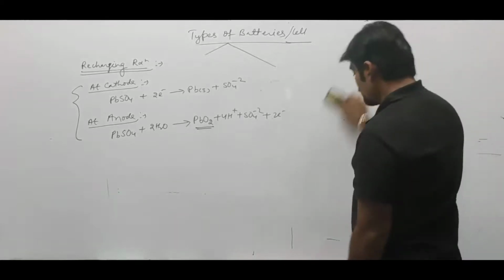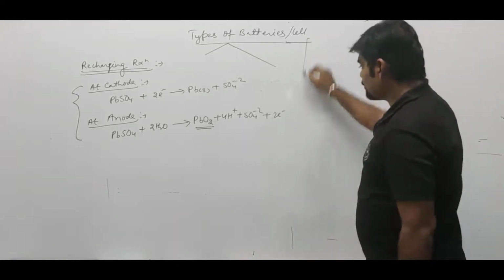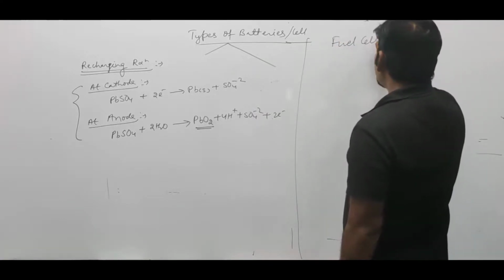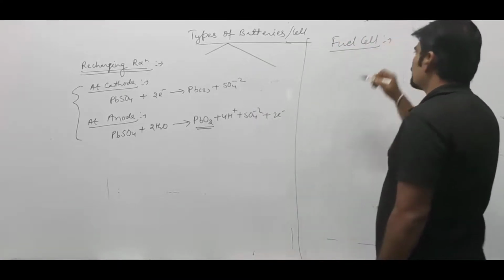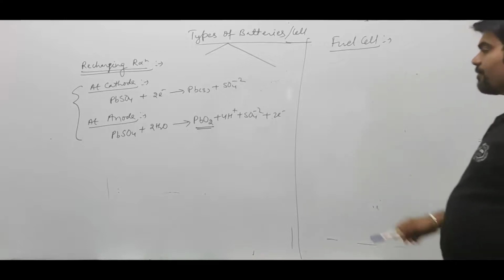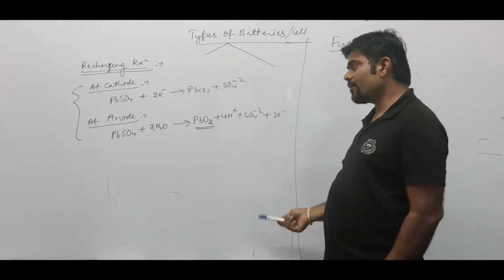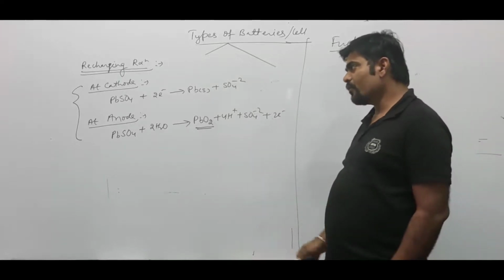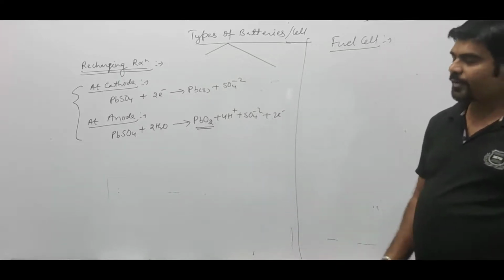Now the next is the fuel cell. What is a fuel cell? See, in all these cells, after some time the chemicals being used up slowly get precipitated.